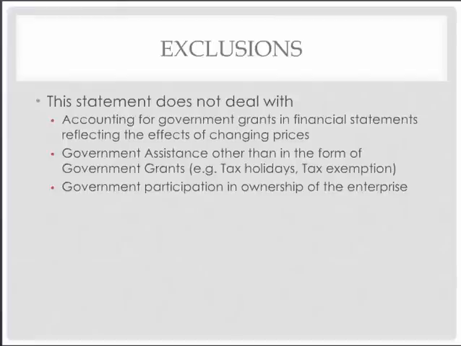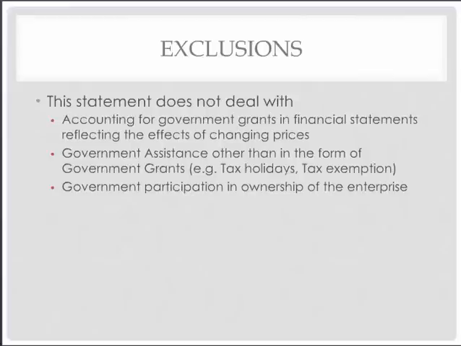One, accounting for government grants in financial statements reflecting the effects of changing prices. In some countries, there are standards which guide you on how to prepare financial statements that reflect the effects of changing prices. That is, financial statements are prepared on a current cost approach.